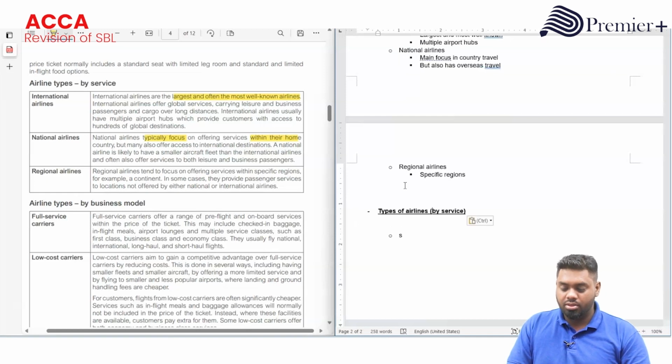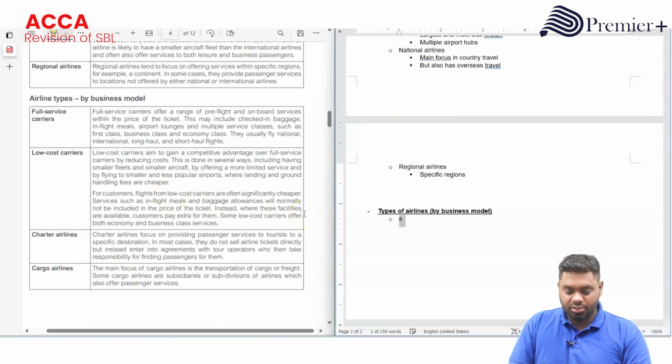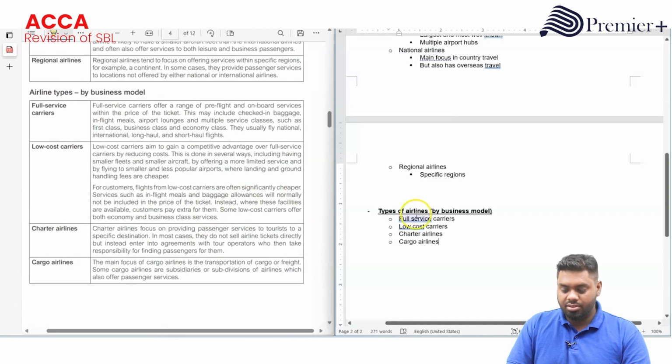We have full service carriers, low cost carriers, charter airlines, and cargo airlines. So let's have a description of each of these.